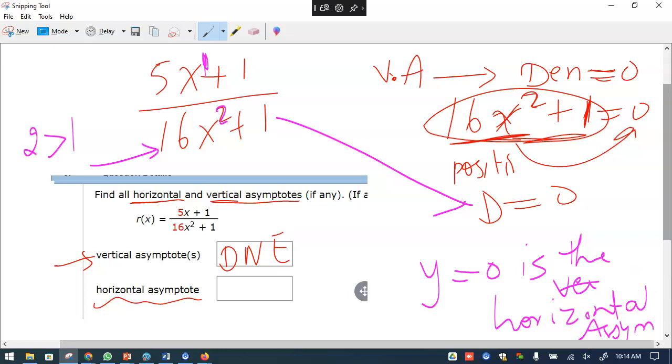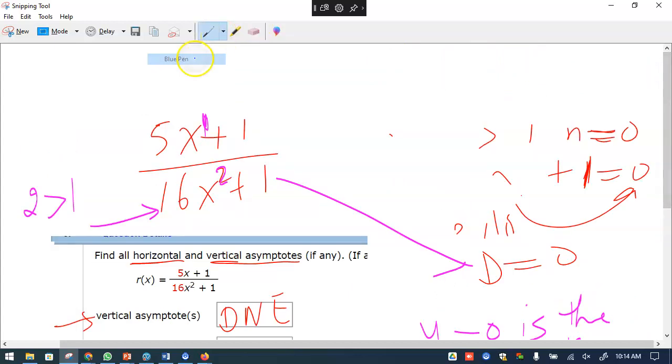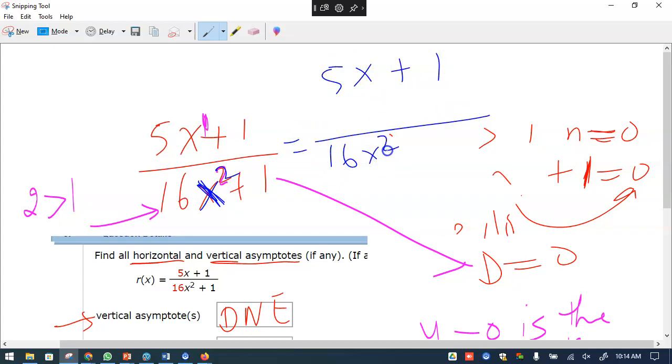In other words, if you really want to understand conceptually, suppose this is the equation and you divide. The highest degree here is 2. So all the terms you're going to divide by x squared. So you divide x squared, x squared, x squared, and x squared.